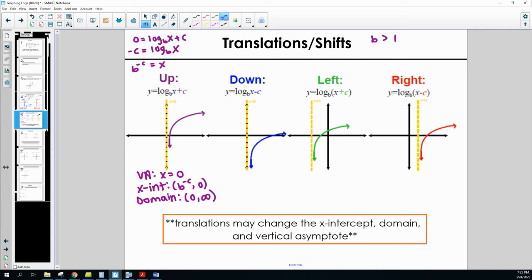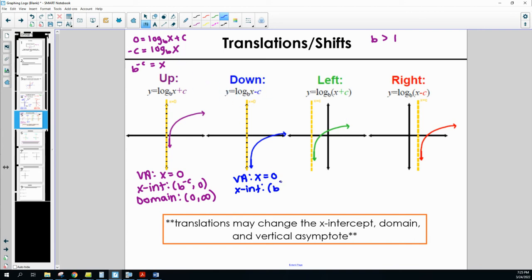Okay, if we look at it moving down, same idea. If it moves down, we're going to have a number subtracted outside the function. Because it's moving down, it's not going to change our vertical asymptote. So again, this is going to be x equals 0. The x-intercept here, again, if I plug in 0 for y, the only difference is that I'm going to add c to the other side instead of subtract it.